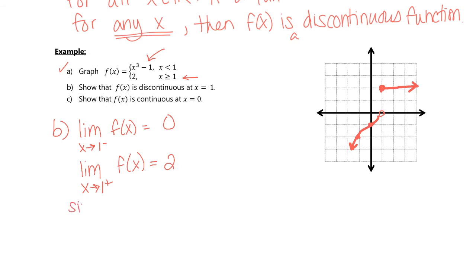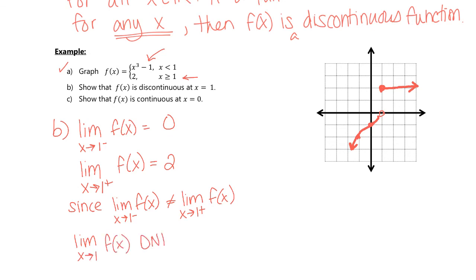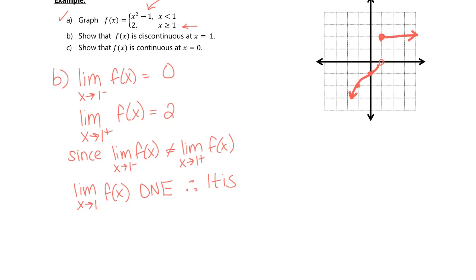And since the limit as x approaches 1 from the left of our function is not equal to the limit as x approaches 1 from the right, the limit as x approaches 1 of our function does not exist. Therefore, it is discontinuous at x equals 1.